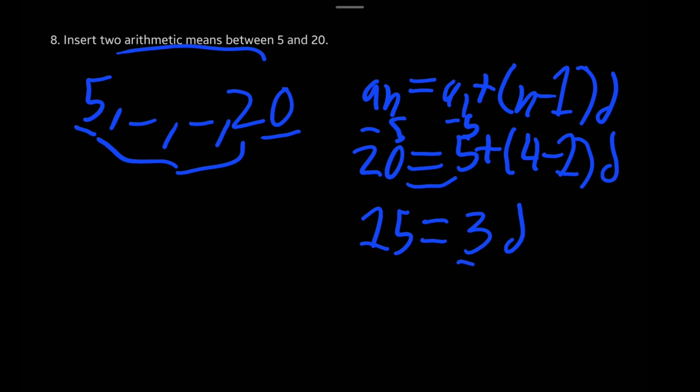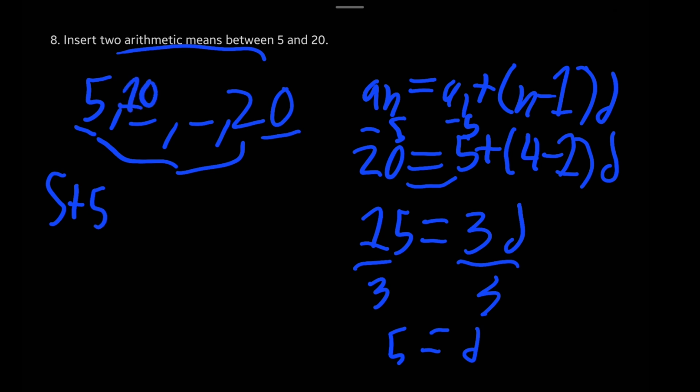We divide both sides by 3, and we end up with 5. Our common difference is 5. Now we just add this up: 5 plus 5 is 10, and 10 plus 5 is 15. So the two arithmetic means between 5 and 20 are 10 and 15. That easy.